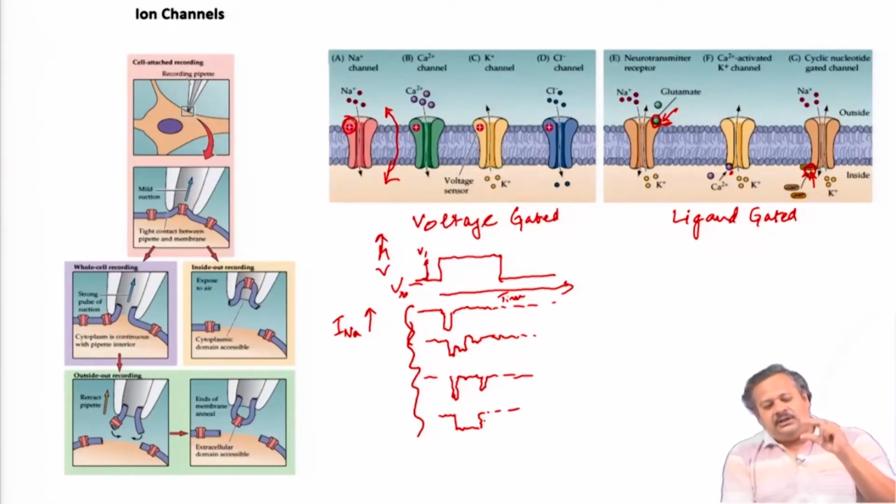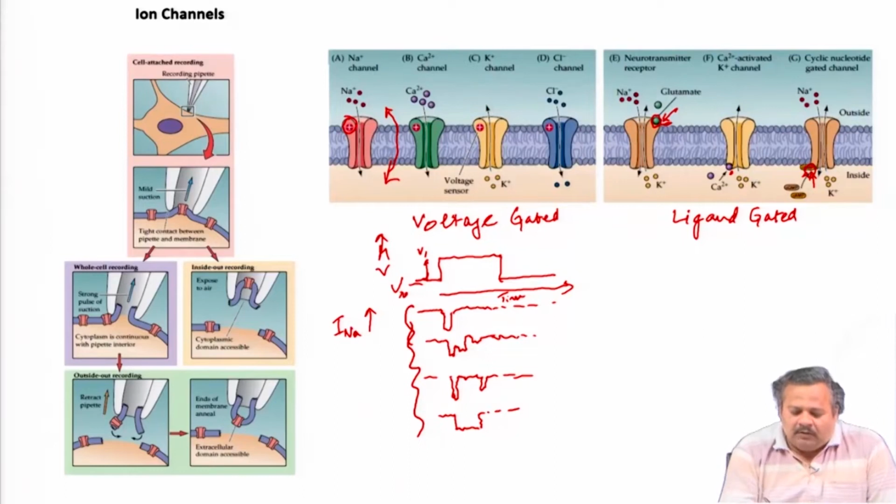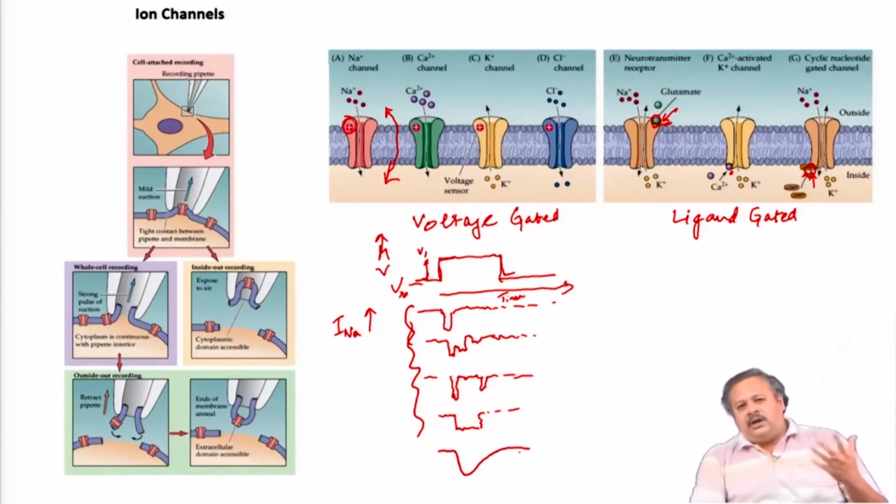So, if I depolarize the neuron and measure the sodium currents, then for this kind of a pulse of membrane depolarization, we will see an overall current somewhat like this, a smooth curve if we average multiple repeats, of the order of tens of repetitions.